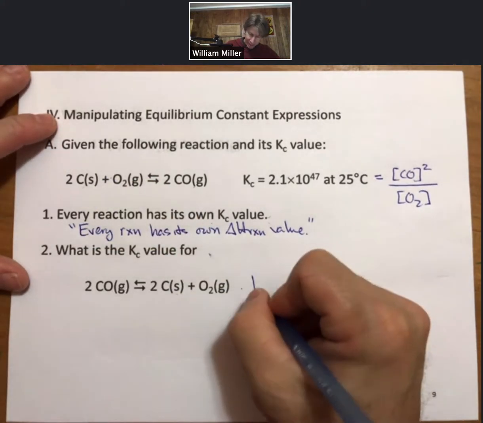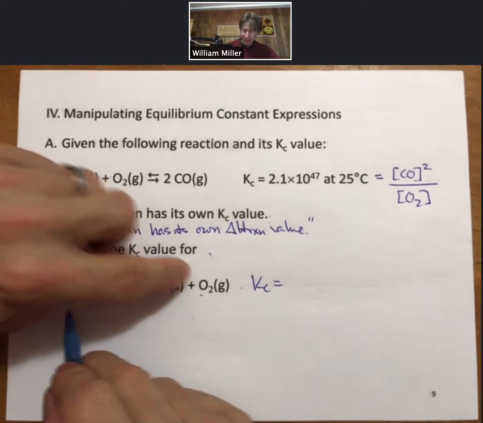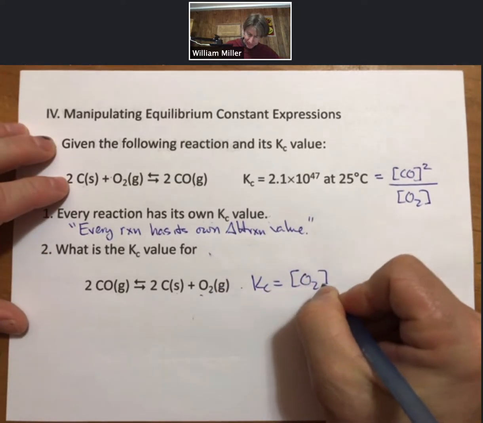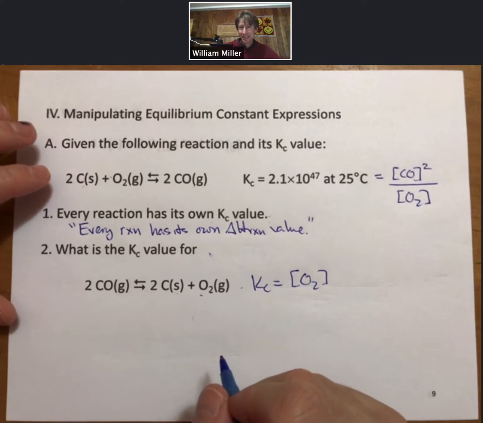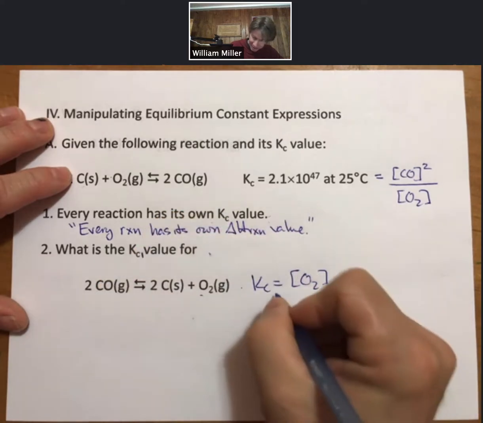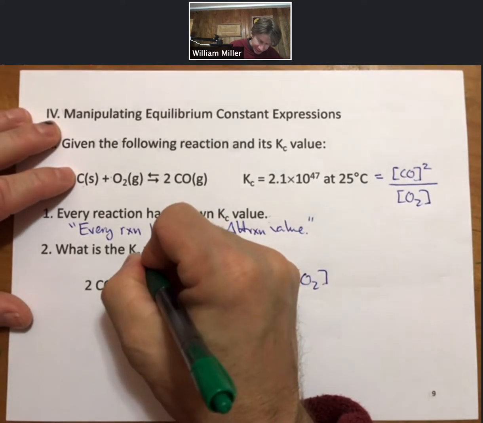For this reaction, since we've flipped things, our O2 is going to be on top. And just so I can keep my Kc's separated, I will call this one Kc1 in this case. I should do them in different colors. Kc1.